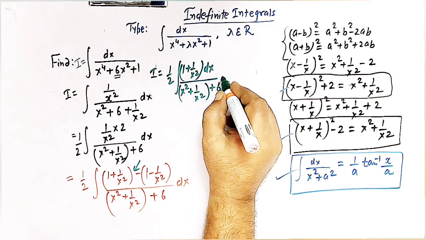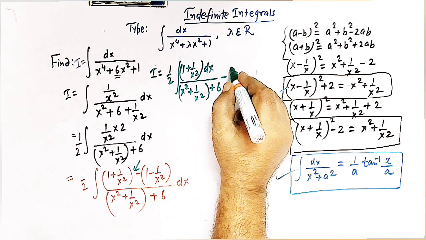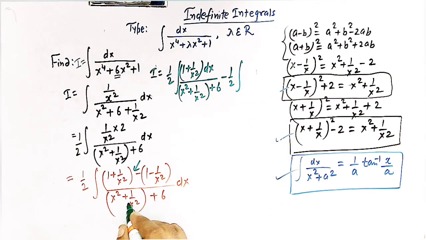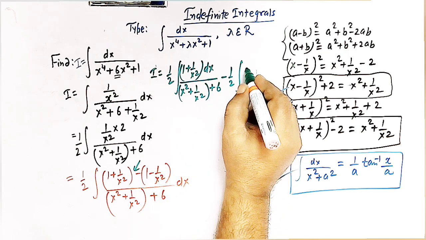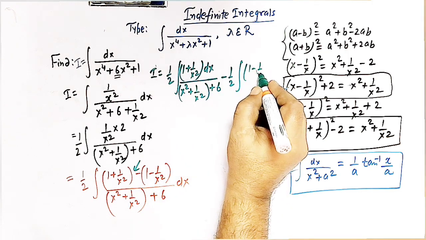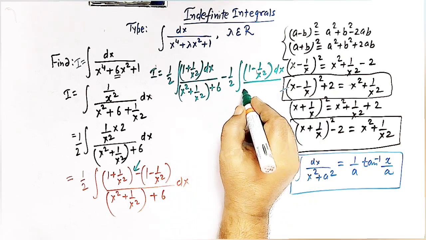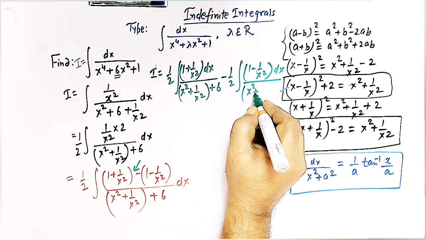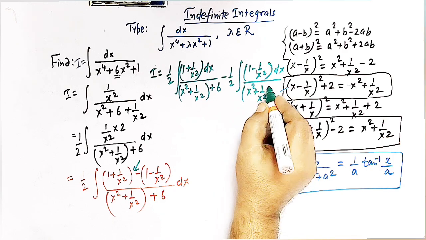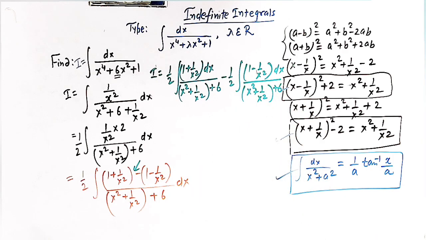So this is the first integral, and the second integral is half, and then we have (1 − 1/x²) dx, and then we have x² + 1/x² + 6, right?